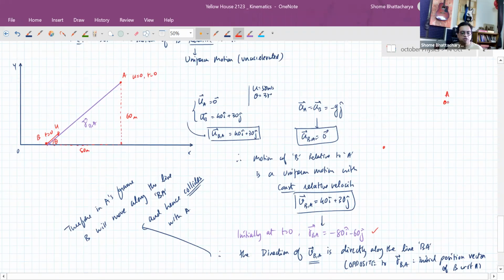So with respect to A at t equal to 0, B is like this and the ground is like this. And B is now moving such that the relative velocity is directly in this direction. So at some time t in A's frame, the ground would have come closer somewhere and B would have reached here.